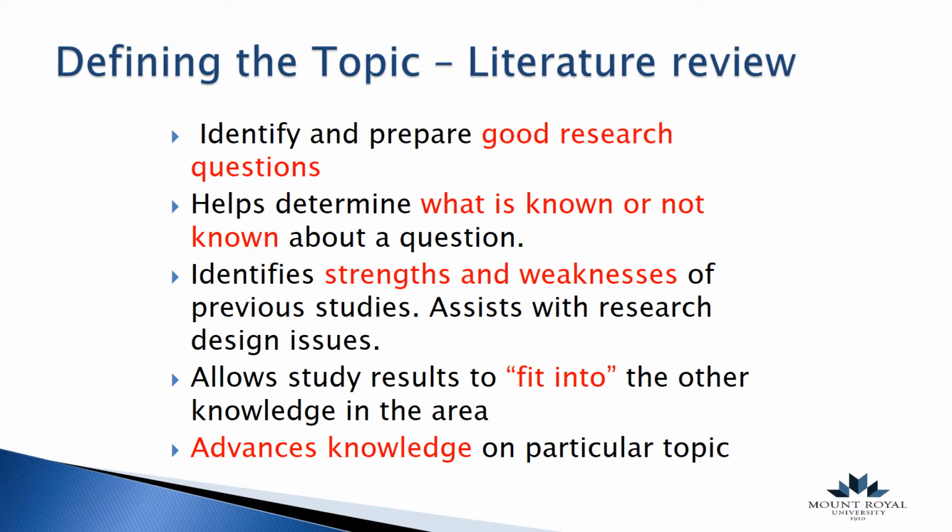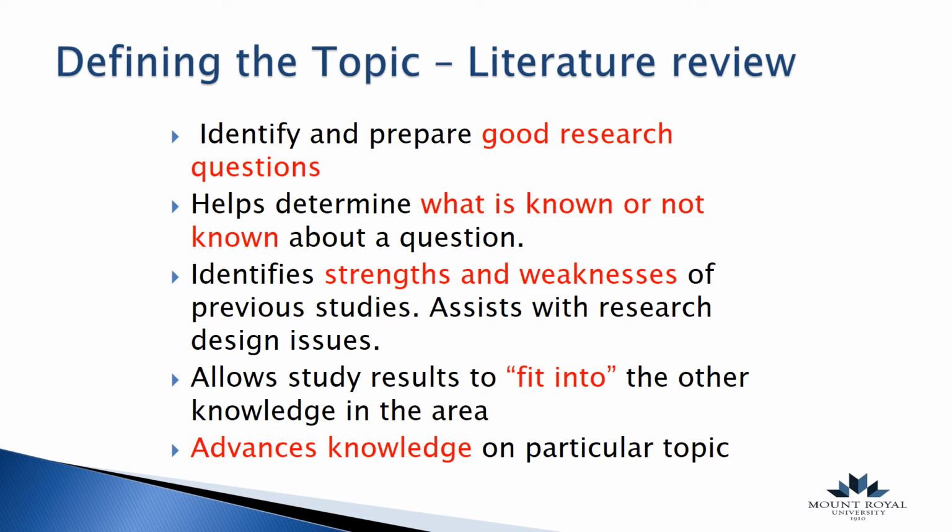It helps you determine what is known and not known about this particular question. As I mentioned, it helps to identify strengths and weaknesses of previous studies. So, as I said, every research article has a limitation section, and you might find that they conducted this study, but they said it needs to be further studied with a larger, more diverse sample.